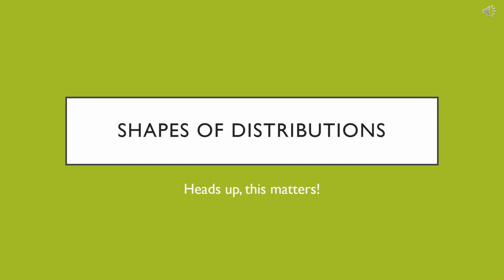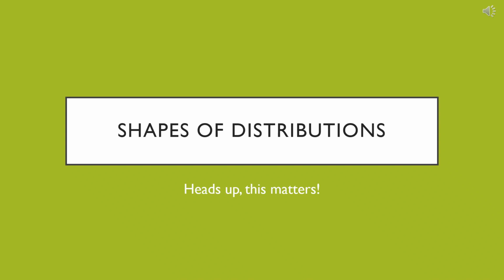All right, now let's talk about something that is actually very, very important to consider. That is the shape of distributions, frequency distributions, or we'll get to probability distributions in a bit. It matters because the shape of a distribution, which would be like the histogram on the previous slide, will tell you which measures of central tendency, mean, median, or mode, that you should be using.